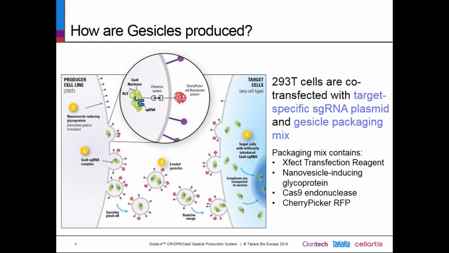This packaging mix is a lyophilized mix and already contains the transfection reagent, and then several plasmids: a plasmid encoding the nanovesicle-inducing glycoprotein, a plasmid encoding Cas9 endonuclease, and a plasmid encoding the CherryPicker red fluorescent protein.